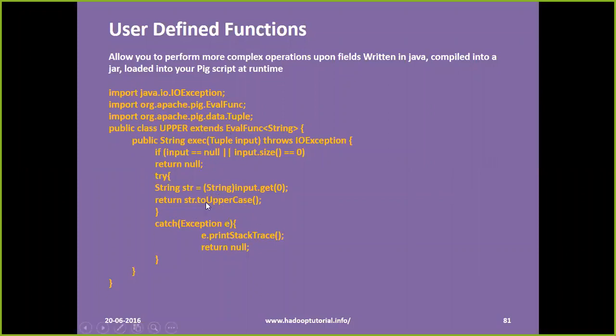By calling Java's toUpperCase, Java's length, or Java's lowercase methods, we are able to get the same features in the Pig language as well. Or if you have any custom logic, yes, you can implement that logic also. Instead of calling the existing Java methods, you can write your own Java logic, convert into whatever format you want, and return that value.